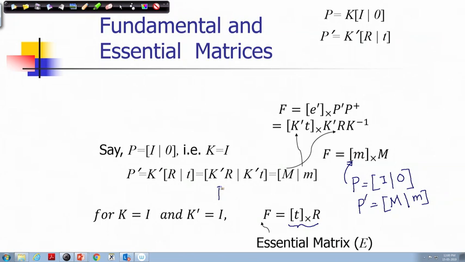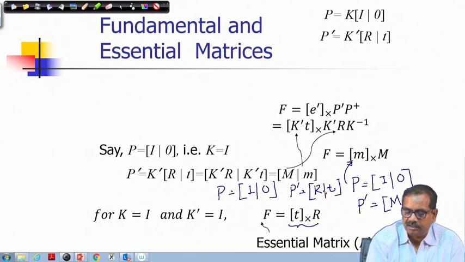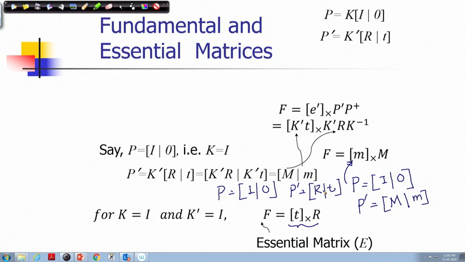So, P is given as I0 and P prime is given as a rotation matrix and the corresponding translation, translation of the origin. They are given in this form. Then the fundamental matrix can be obtained by performing this operation.